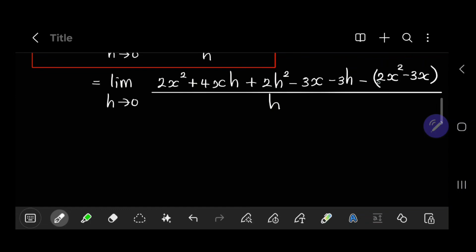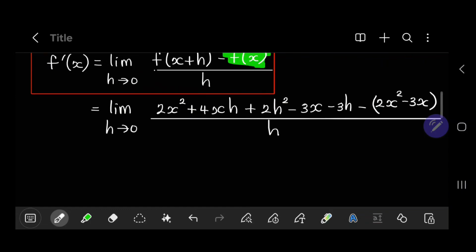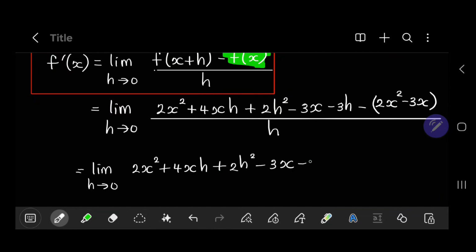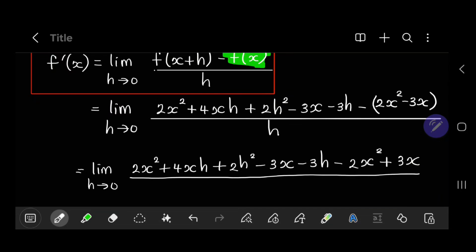In the next step, we're going to take that negative and multiply into the bracket with both terms. That gives you negative 2x squared plus 3x all over h.